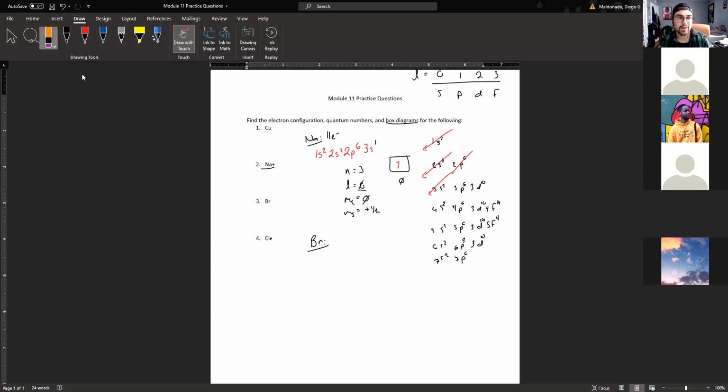So how do I start? Do you guys prefer the periodic table or this graph table? That method is better. Okay, how many electrons does bromine have? 35.